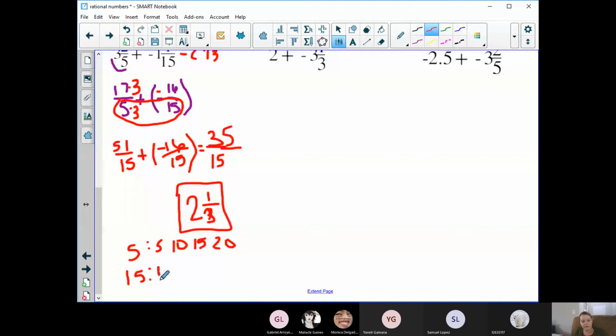And then I do the same thing here, 15, 30, 45. If I go through the numbers, I can see that the first one they have in common, Yariel, is 15. And so that's how I know it's the denominator I need to use. Would other ones work? Yes, but we always go with the least common one, okay?